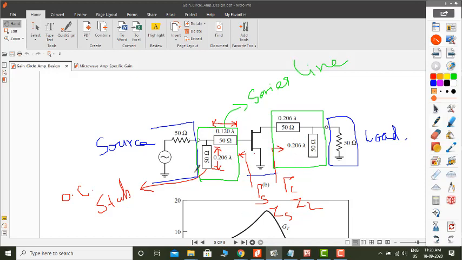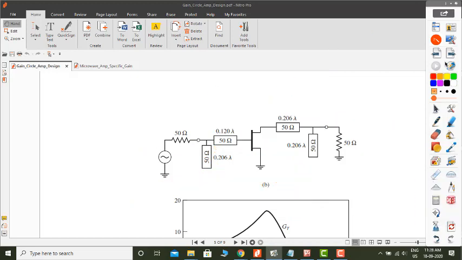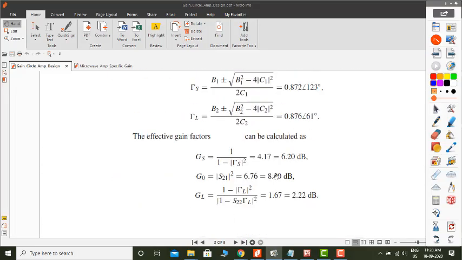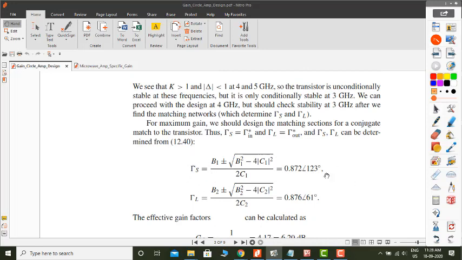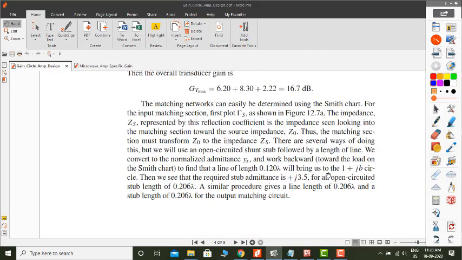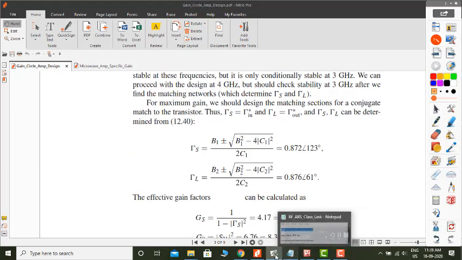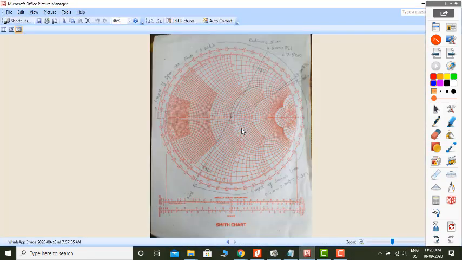At the source side, we have to compute by using the Smith chart. The first thing is you have to draw a straight line for gamma s, 123 degree. This Smith chart I have posted in your WhatsApp group.